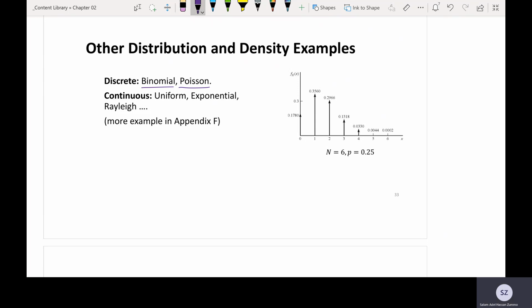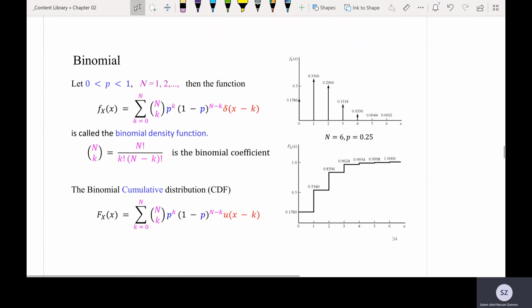You see them in many problems, but different problems than the Gaussian. We will analyze them and find how to solve questions related to the binomial and the Poisson. And then we'll talk about some continuous random variables: uniform, exponential, Rayleigh, and others. Okay? So, first of all is the binomial.